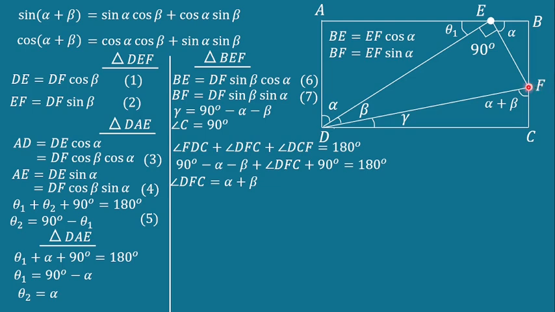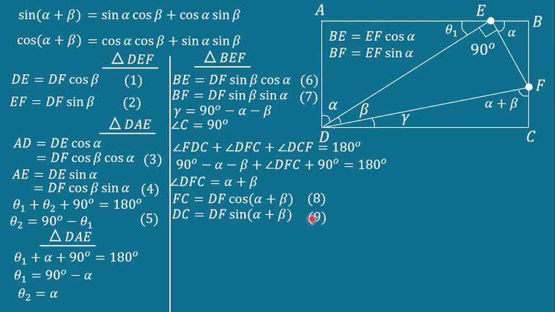Therefore, I can write FC, that is the base, equals hypotenuse times cos of this angle. That is, FC equals DF times cos of alpha plus beta. And similarly, DC equals hypotenuse times sine of this angle. That is, DC equals DF sine of alpha plus beta.